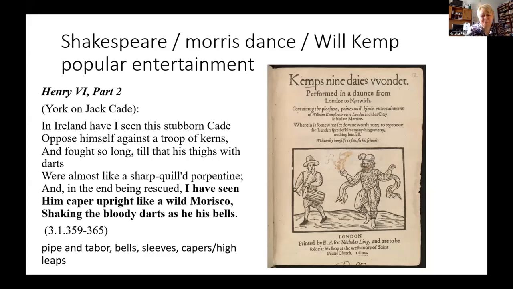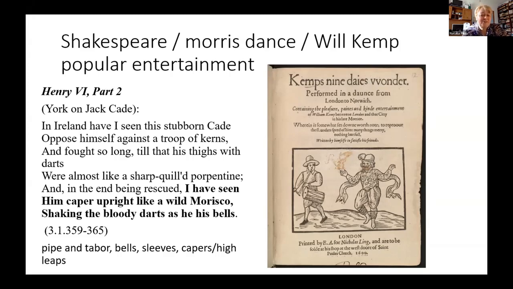Actually, this Morris dancer pictured on the title page of a cheap book, a quarto, is Will Kemp himself. What is quite interesting is that Henry VI, Part 2, when it was performed, had Will Kemp as one of the actors. He was the clown figure of the companies Shakespeare belonged to, and he was also a quite well-known and very popular Morris dancer.